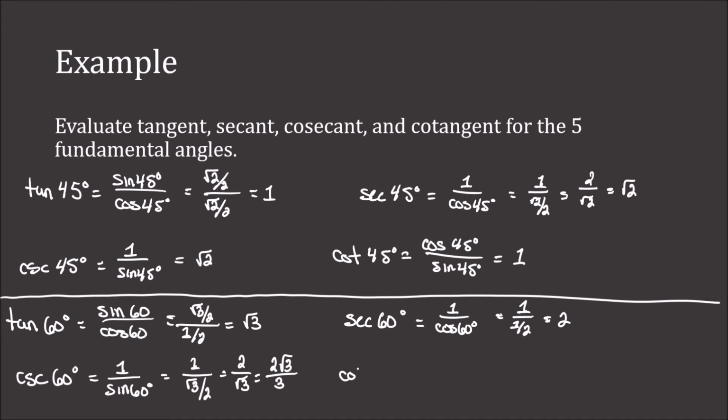And finally, the cotangent of 60 degrees, cosine of 60 over the sine of 60. So it's a half over root 3 over 2, 1 over root 3, or root 3 over 3.